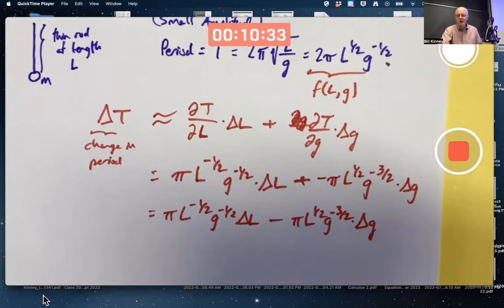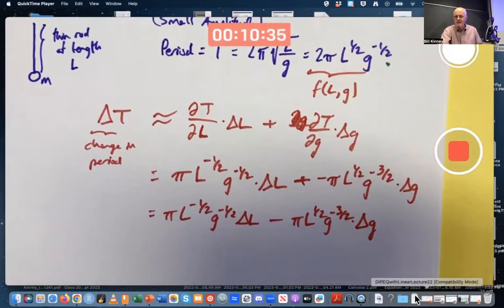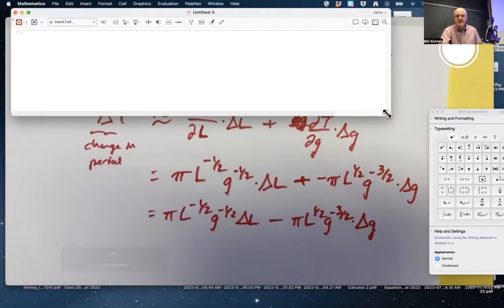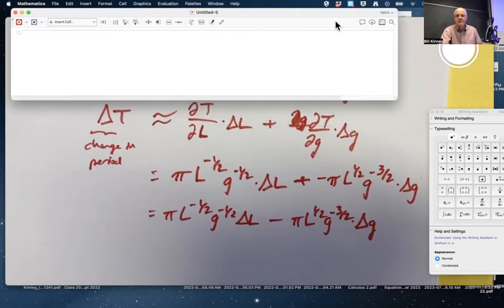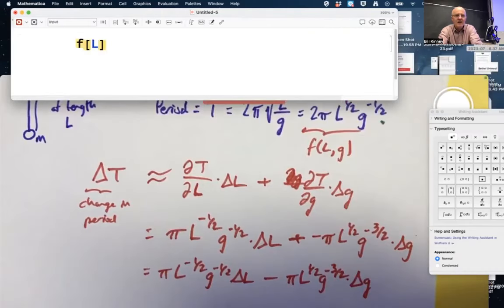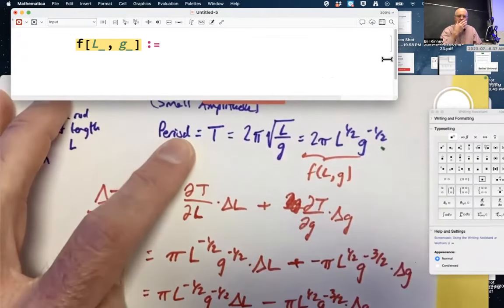Let's use this with a numerical example now. I'll use Mathematica to do this. And I'll type this in as a multivariable calculus function. F of L, comma G. I've got two independent variables. I'm defining this function of two variables. I need underscores when I first define the function. I'm looking at the original formula up here.